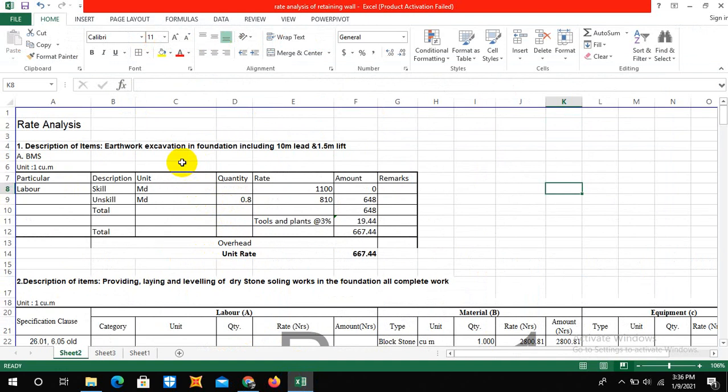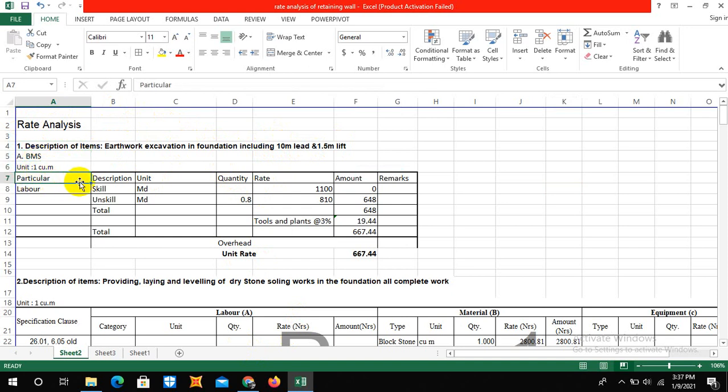The excavation can be done as per the ground condition or soil condition at the site. Just in case we have ordinary soil, at first the description of items includes the earthwork in excavation in foundation including 10 meter lead and 1.5 meter lift. Its unit is 1 cubic meter.